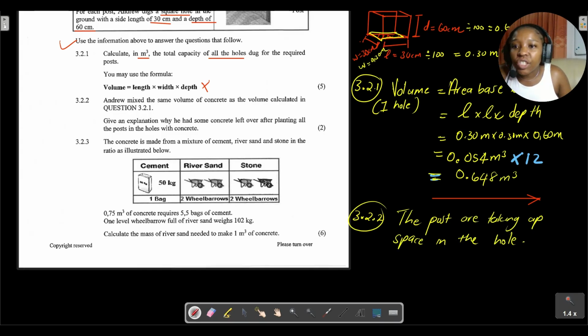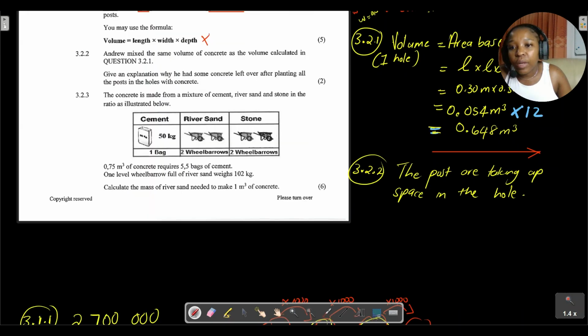Good. Last question. Question 3.2.3. The concrete is made from a mixture of cement, river sand, and stone in the ratio as listed below. You need 1 bag of cement, 2 wheelbarrows of river sand, 2 wheelbarrows of stone.